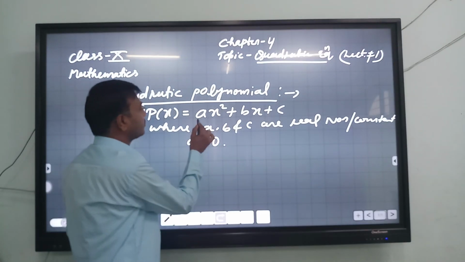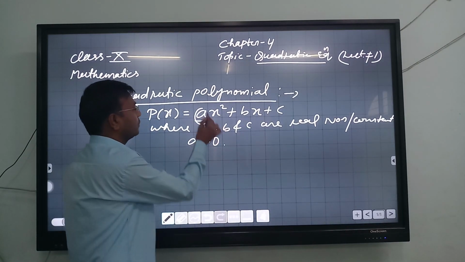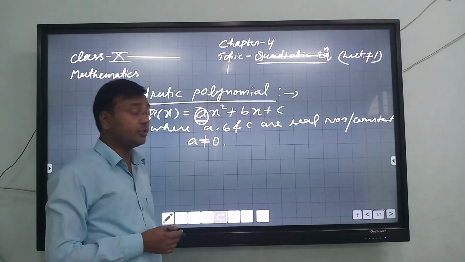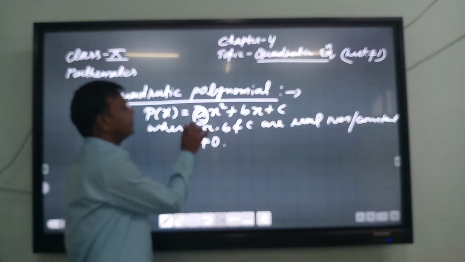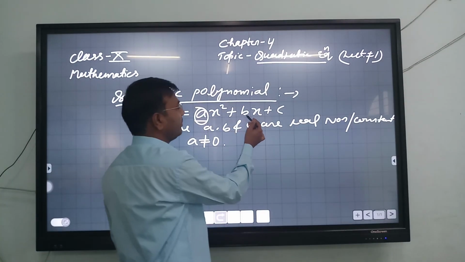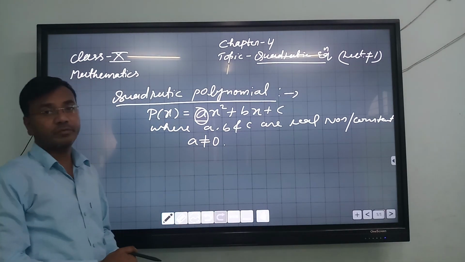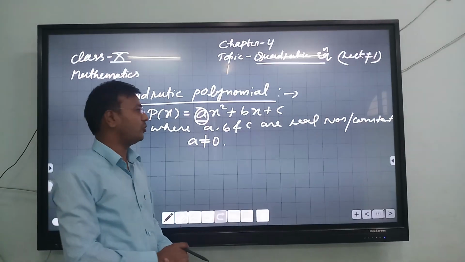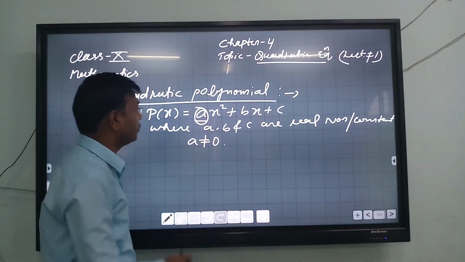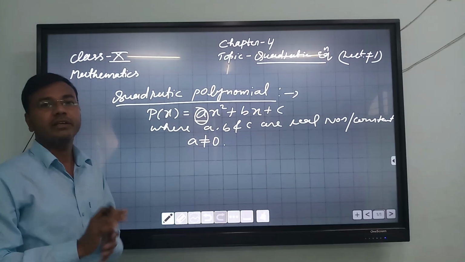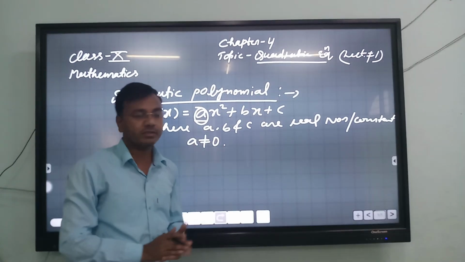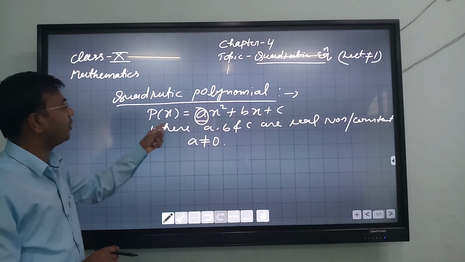That is, a, the coefficient of x square, should not be 0, because if it becomes 0 then this term vanishes and we have only bx plus c, which is a linear polynomial, not quadratic, because a quadratic polynomial has degree 2. So x square must be present, however b or c may be 0. So this is about quadratic polynomial.